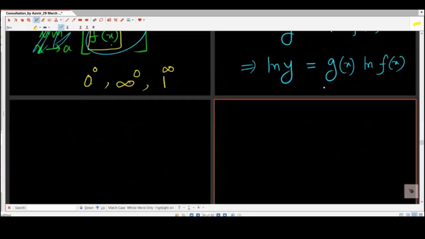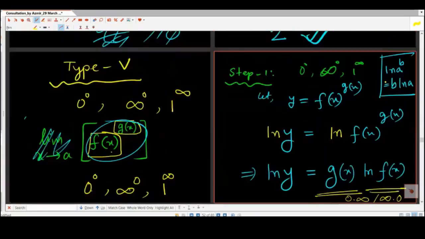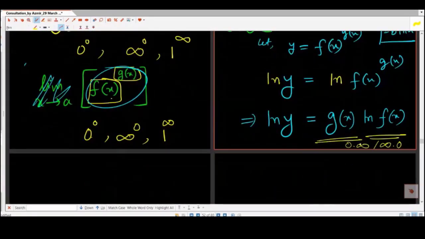This time, we can see that we have a product form, a function of x times another function of x. If we have the product form, we may have 0 times infinity or infinity times 0. That means from type 5, we now have type 3.